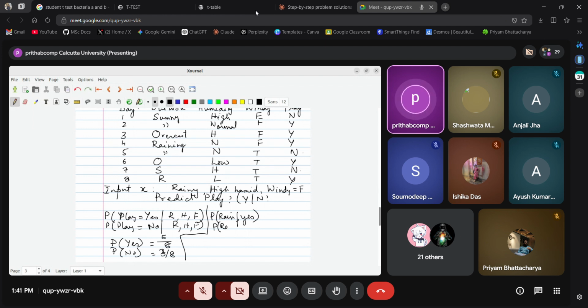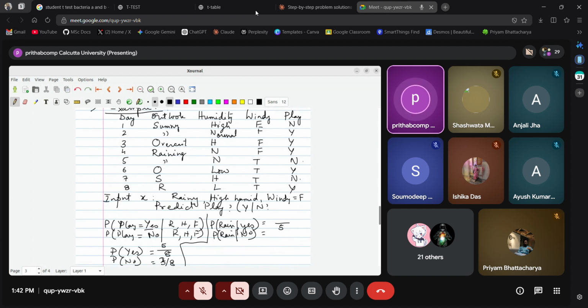We also need to find the probability of rain given no, for the other part. Both things we have to find at the same time. So what is the probability of rain given play is yes? Out of 5 yeses, how many are rainy?